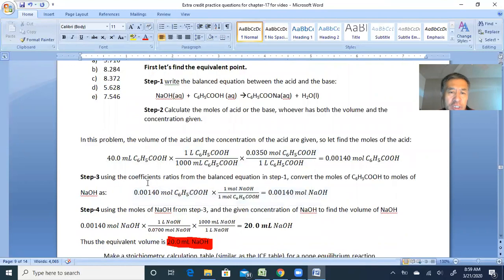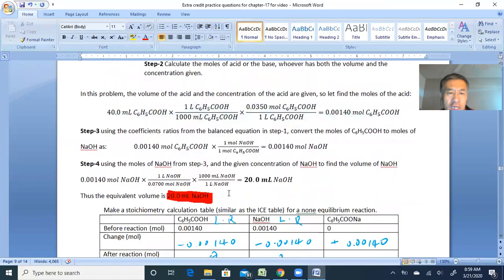Then we use the coefficient ratio from the balanced equation in step 1 to find the moles of NaOH using this conversion. Once we know the moles of NaOH, we use the molarity and the conversion between liter and milliliter. We find the equivalence volume is 20.0 milliliters.